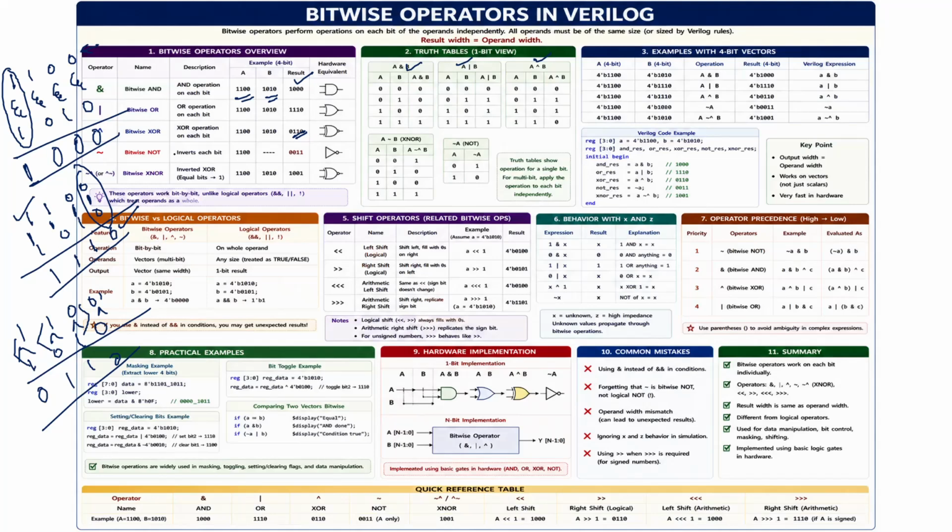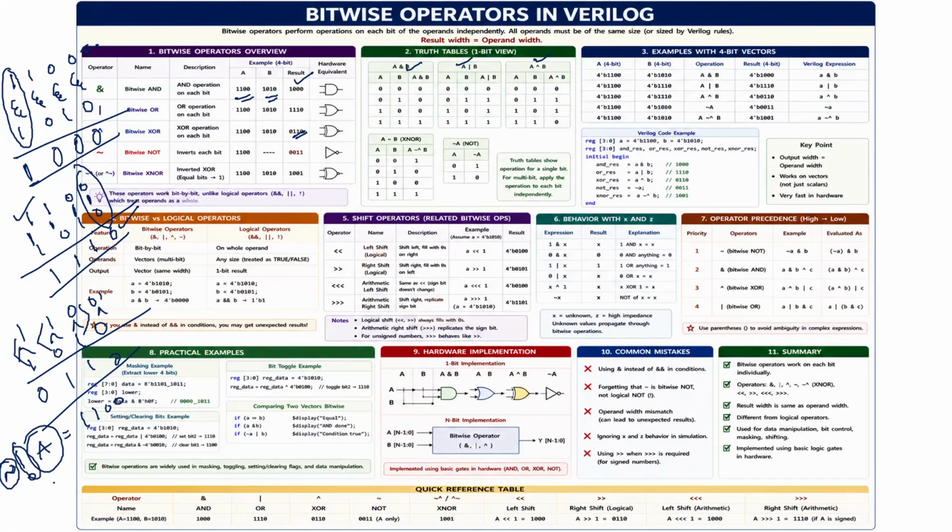And we also do the inverting operation. The inverting operation is considered for a single value only. Whatever single operand you consider, say A is 1100, you apply the negation operation like this, or you can also apply the not operation like this. Both are similar, but this is logical and this is bitwise.